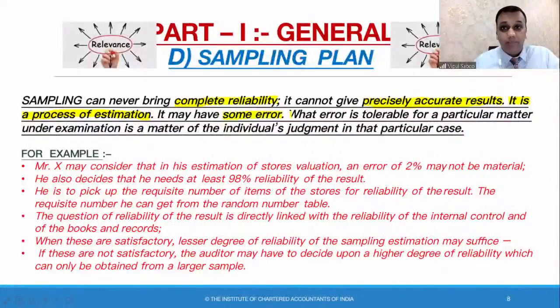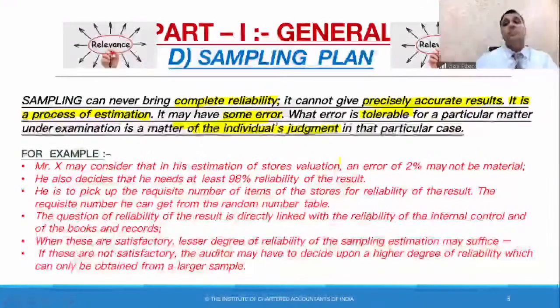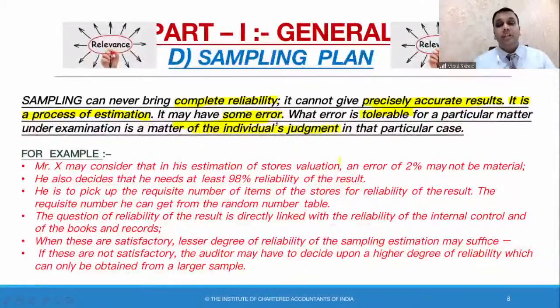What error is tolerable for a particular matter is a matter of the individual's judgment. So in our case, tolerable error is a matter of the auditor's professional judgment. It is not written anywhere in the statutory or legal provisions that this much amount is tolerable for every auditor.